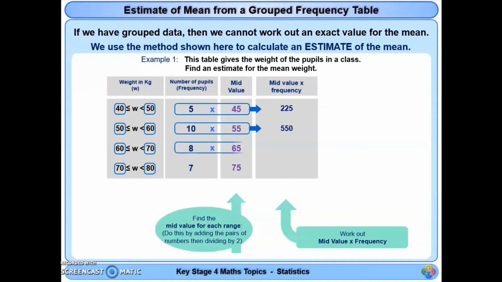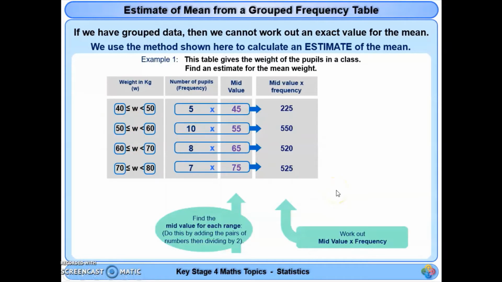So using our calculators, we come up with these multiplications to give us the 4th column. What that is telling us now is this value here is an estimate of the total weight of the 5 pupils who were in this category. 550 is an estimate of the total combined weight of the 10 students who were in this category.